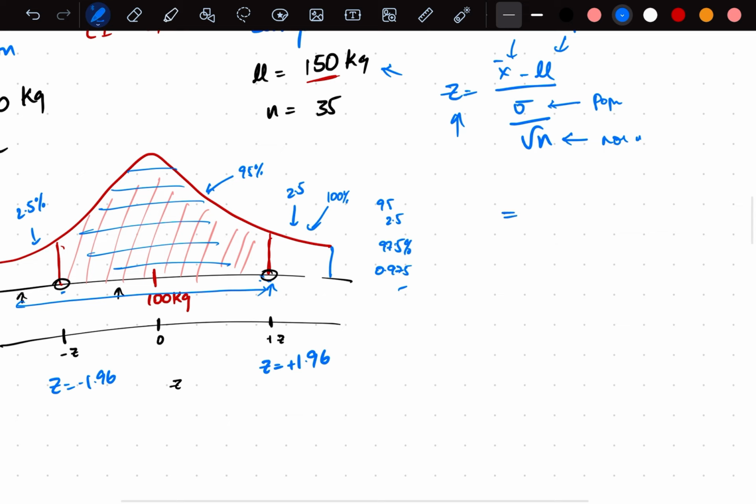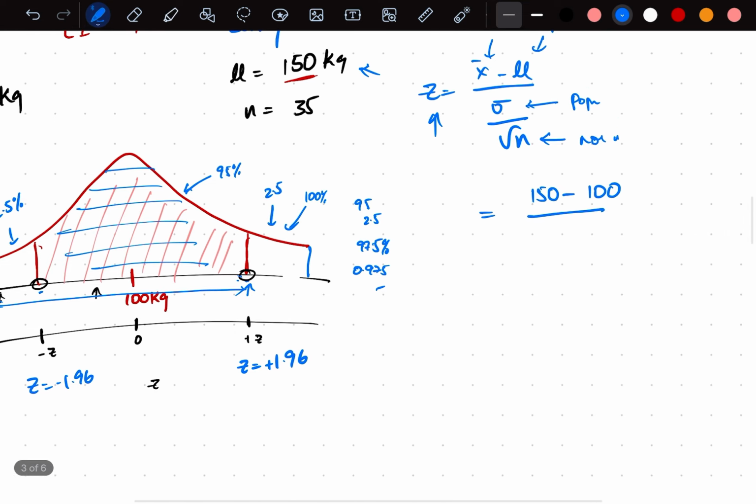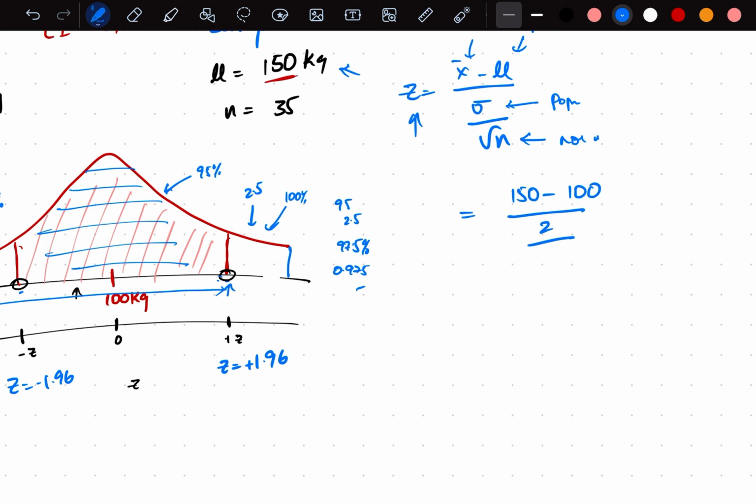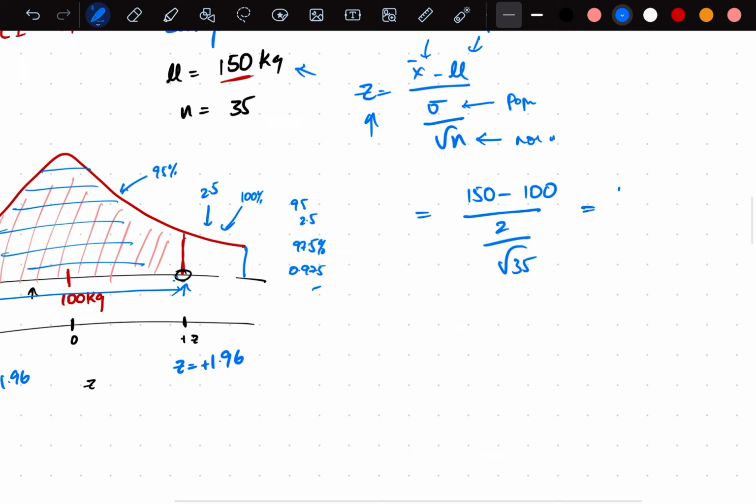Okay, so without any further ado, we will do it in a faster way. And as I was saying, standard deviation is 2 divided by number of samples, root 35. So the value is 50 divided by 2 into root 35. Suppose root 35 would be 6, or we can consider 5.8.